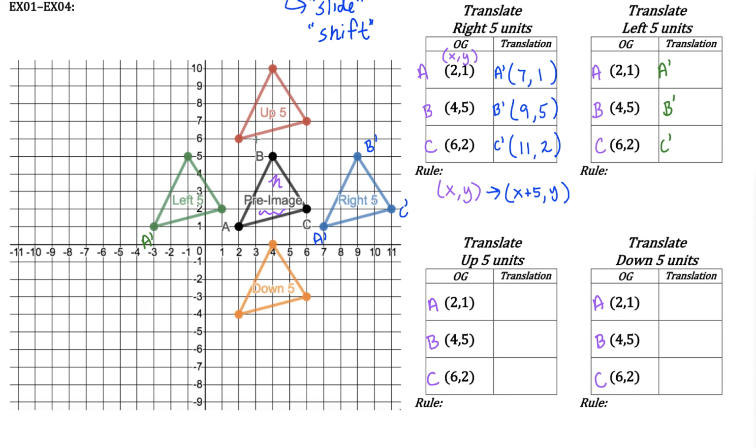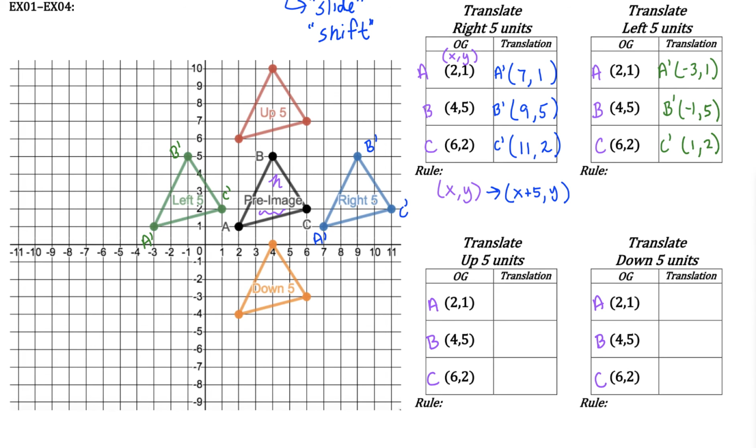So this is A prime, this is B prime, and this is C prime. A prime is at -3, 1. B prime is at -1, 5. And C prime is at 1, 2.